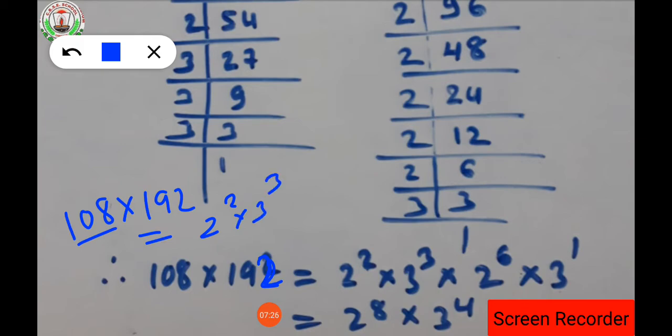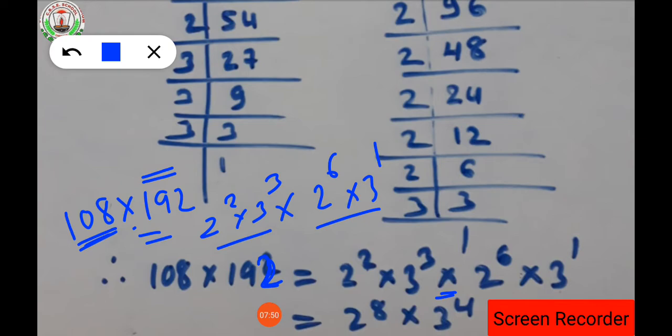Now what is the factor of 192? In between 108 and 192 a multiplication sign is there, so in between the factors multiplication will come. Clear? So the factor for 192 is 2 to the power 6 into 3 to the power 1.